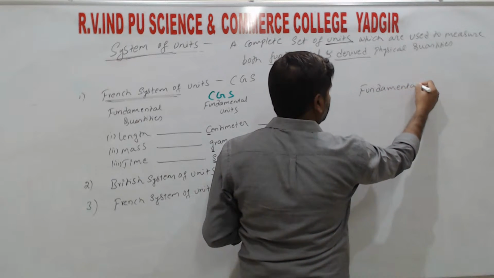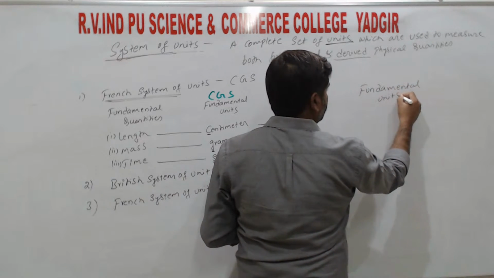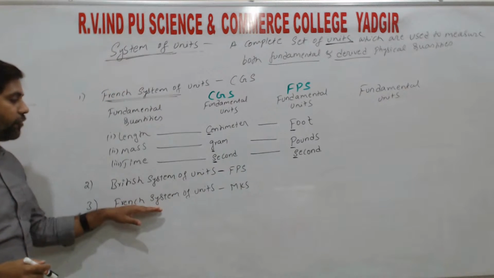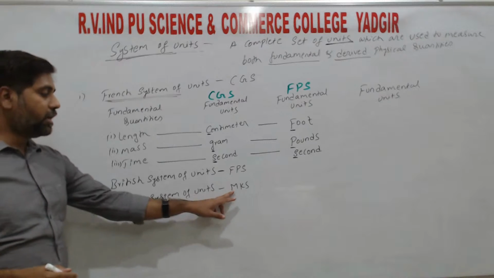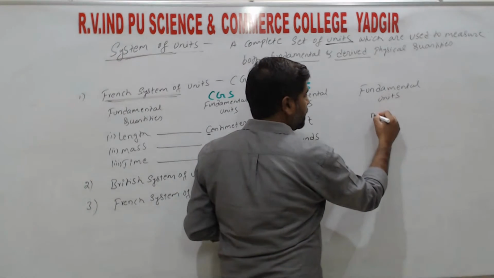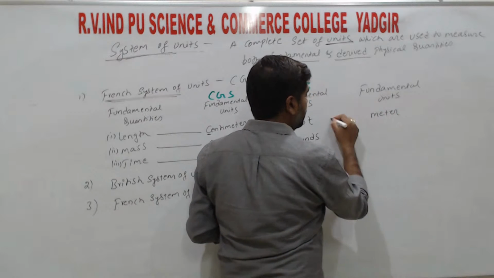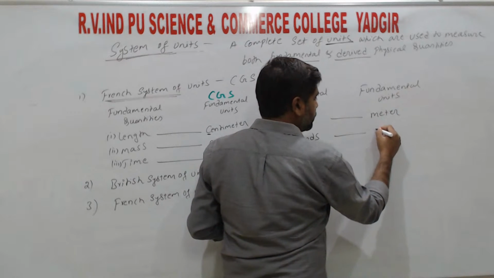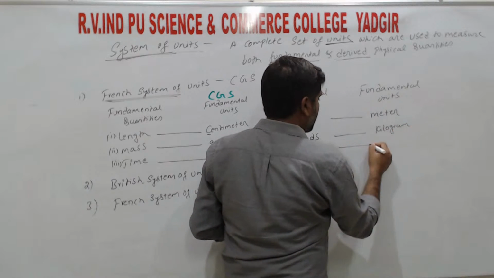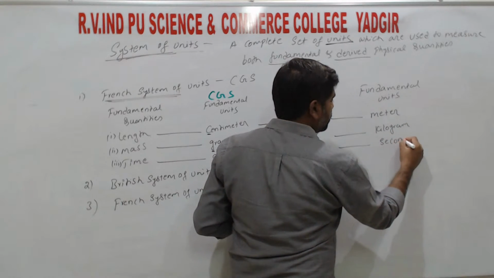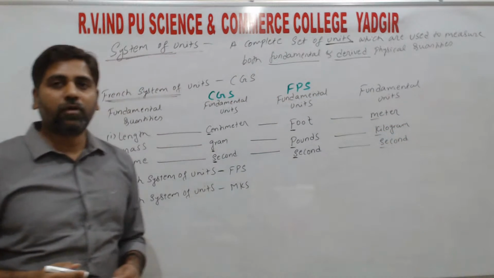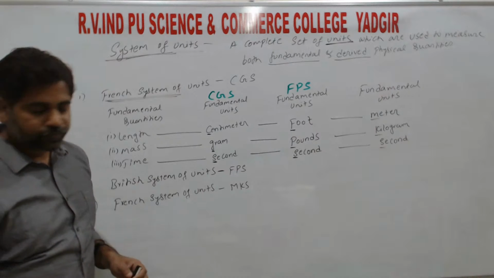Fundamental units. So the third one is again the French system of units, that indicates MKS. M is the length, which we measure in meter, right? Mass is measured in kilogram and time is measured in second. So again MKS, the MKS system of units, right?